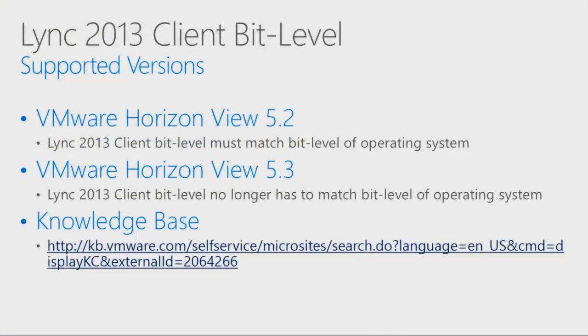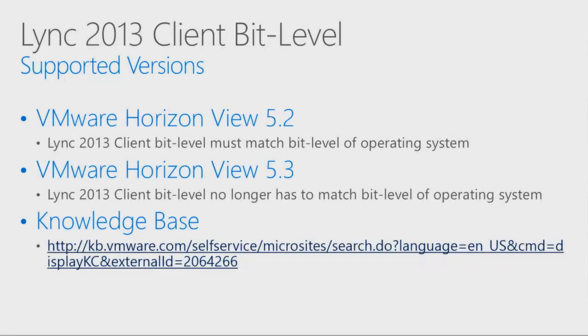So the Lync 2013 client bit level. This is referring to the Lync client that you install on your remote machine operating system. In View 5.2, the client bit level has to match the operating system bit level. So if you had a 32-bit operating system, you had to install the 32-bit version of the Lync client.